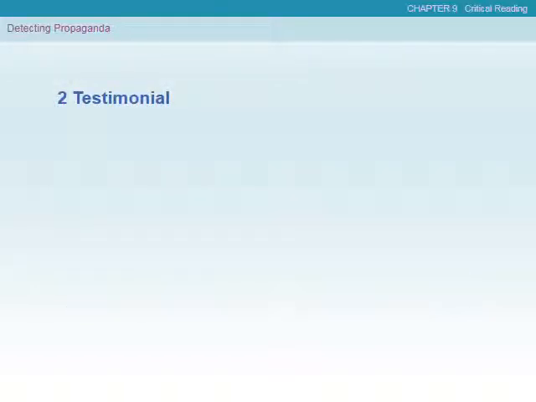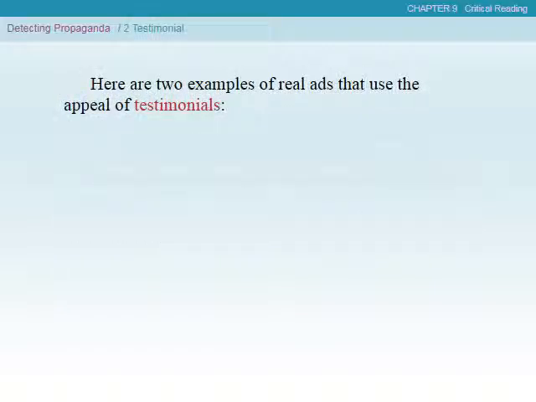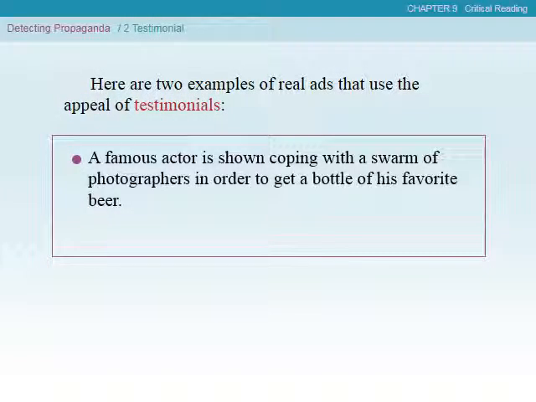So the next one here, on page 342, is the testimonial. The testimonial uses the power of famous people to try and influence the viewers, right? If you like the famous person, then we try to associate the product with that. So here are some examples. A famous actor is shown coping with a swarm of photographers in order to get a bottle of his favorite beer.